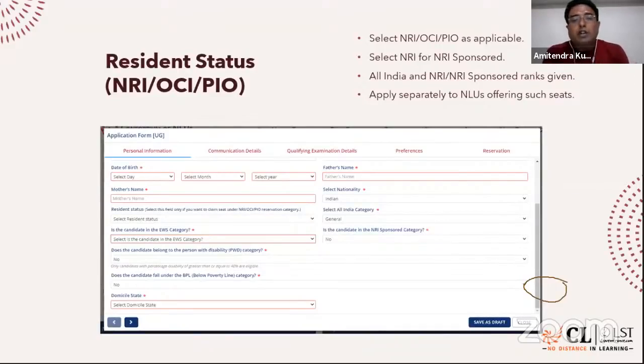The CLAT authorities, the consortium, will come out with two different rankings. One definitely will be the All India ranking. And if you have applied through the NRI category, you'll also be getting an NRI sponsored rank. And basis that, your admissions through this category will happen to the respective NLUs, where you separately apply to be considered for the NRI seats. So that's the process as far as the NRI or NRI sponsored seats are concerned.